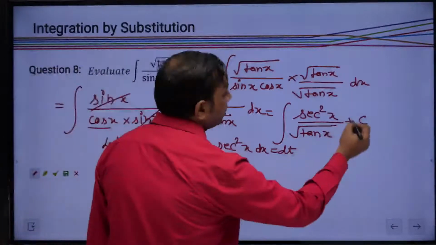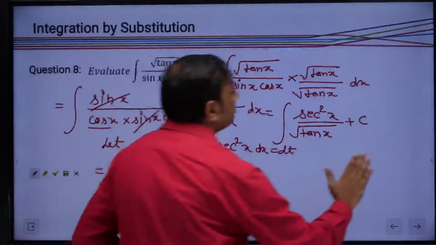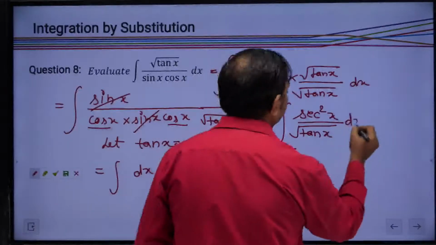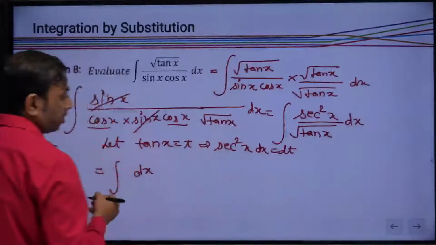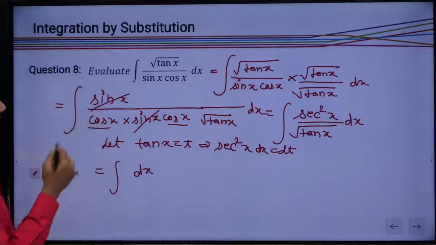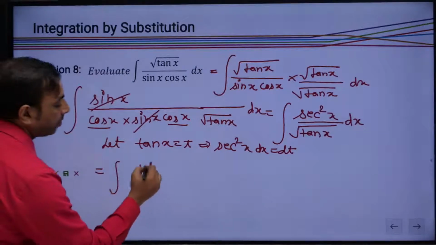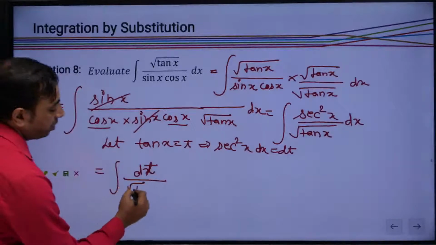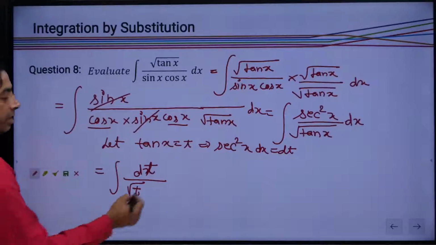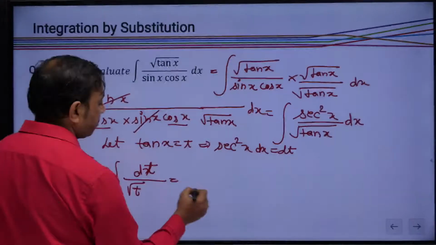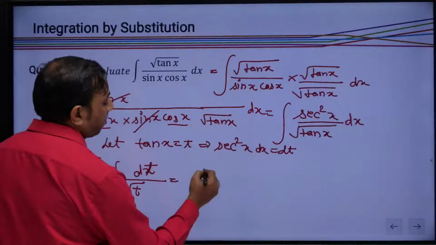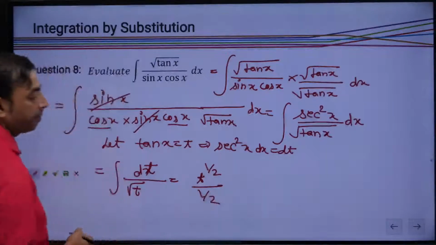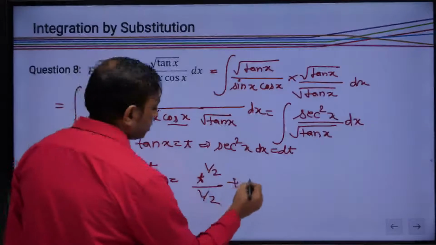Oh sorry, we don't need to add plus c here. Okay, it is dx. So what I need to do, sec square x dx becomes dt and root 10x becomes root t, and now we can apply the formula t to the power half divided by half, plus c.